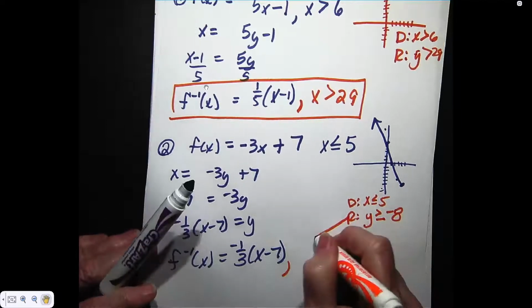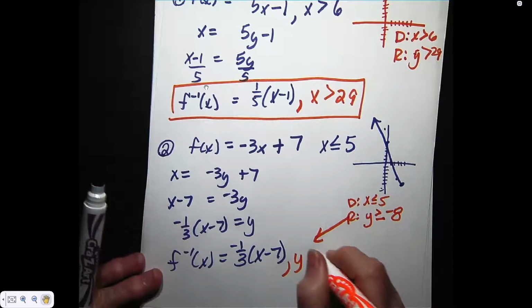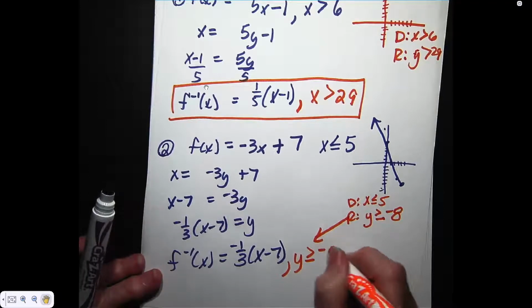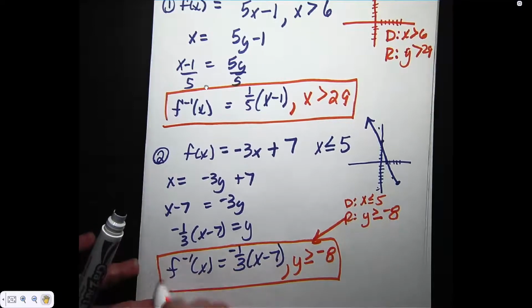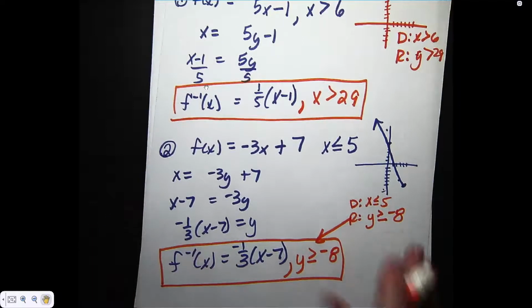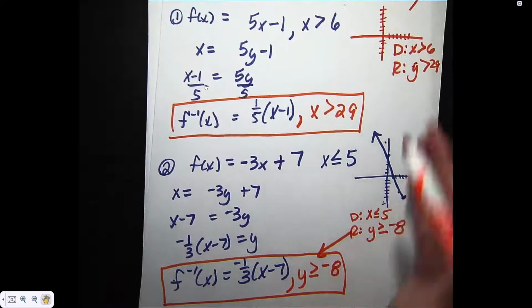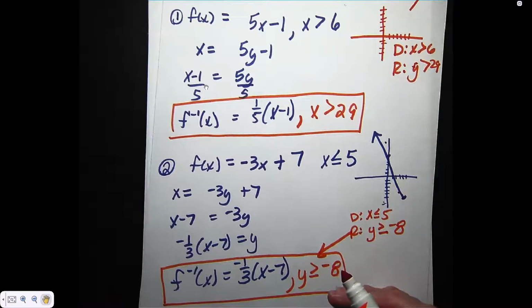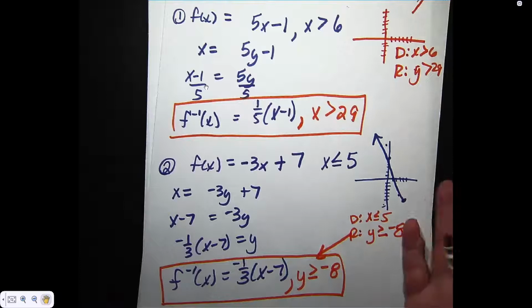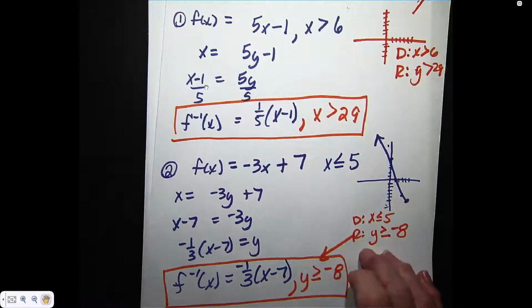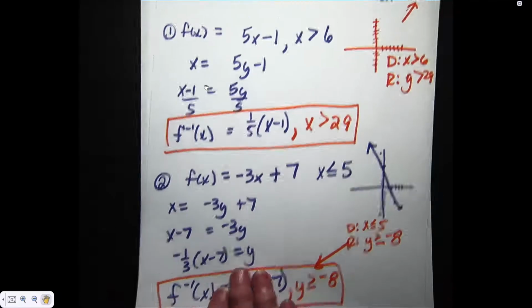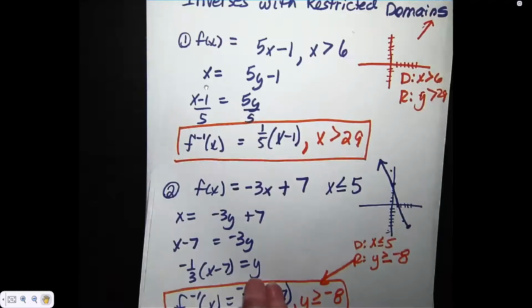And I need now to put this inside: x is greater than or equal to negative 8. It becomes very important as you're running through these problems that you think about what the graphs look like and how you're going to get your ranges, because in an inverse, the range is just as important as the domain.